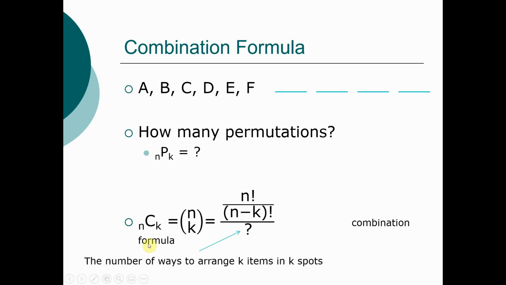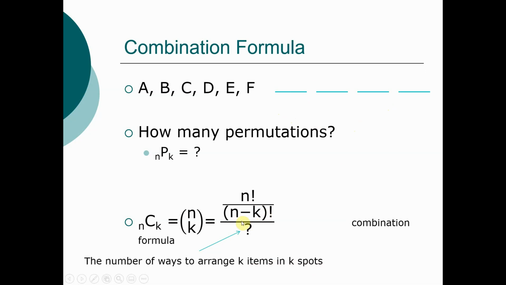Okay, so in order to find the combination, we just have to divide our permutation numbers by the number of ways that we can arrange K items in K spots. Like here, 4 objects in 4 spots. Right? What is the answer to that? That would be 4 factorial in this case.